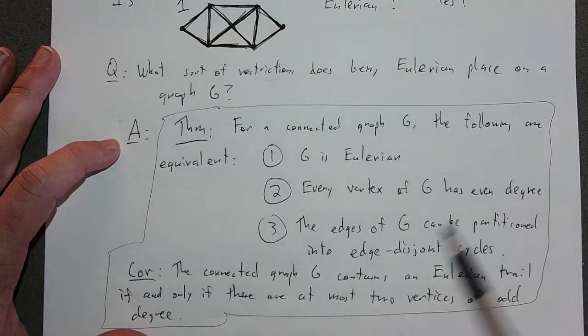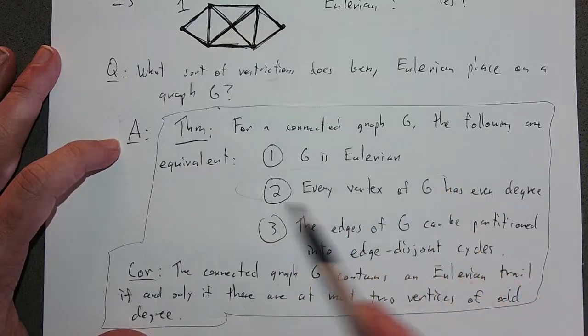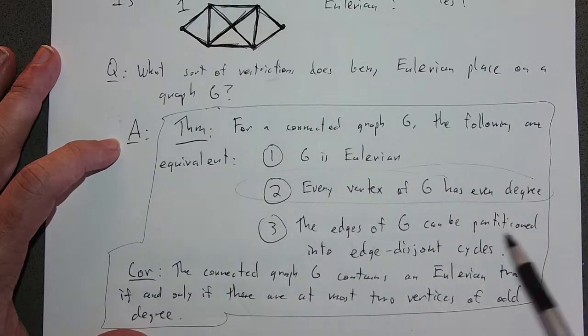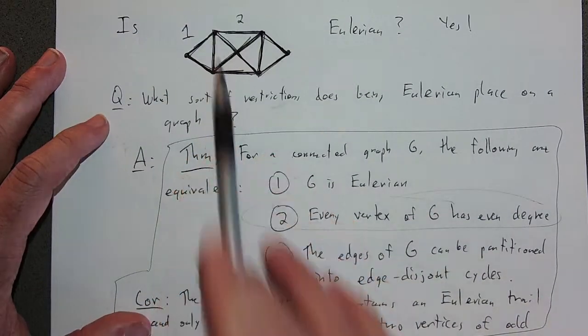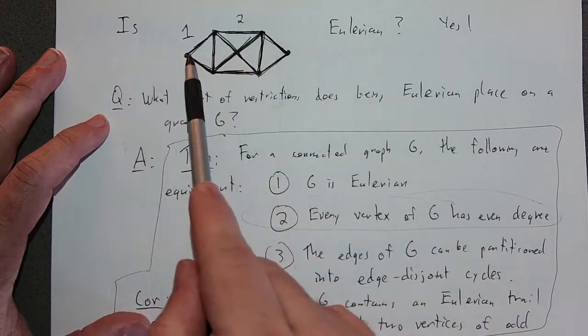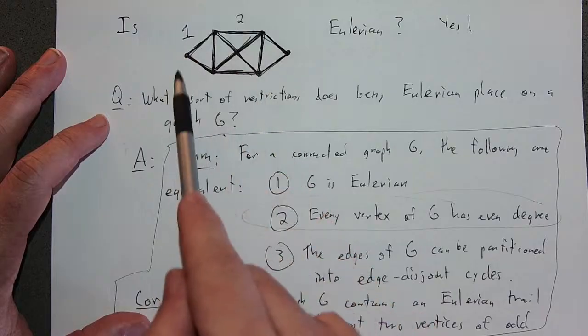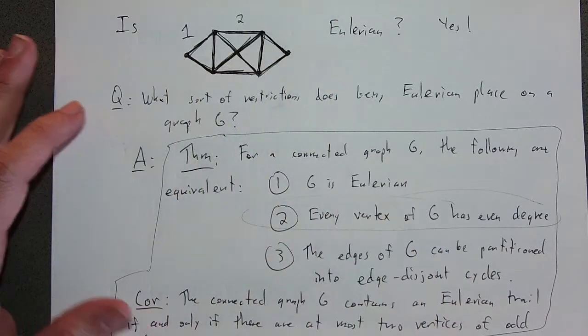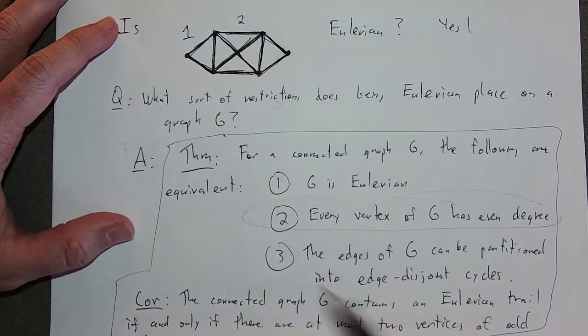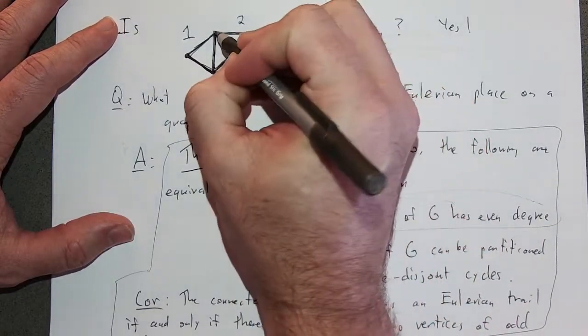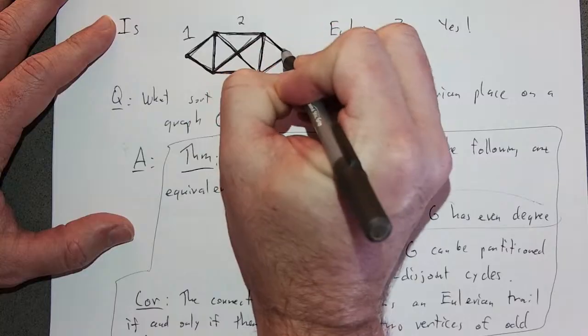This also meant, this is maybe the easiest thing to wrap your mind around, that the edges can be partitioned into edge disjoint cycles. So we saw an example of that. Here, this is an Eulerian graph. You can notice that the degree of every vertex is either 2 or 4, so it's all even. To see the edge disjoint cycles we saw yesterday, one of them is this figure 8.